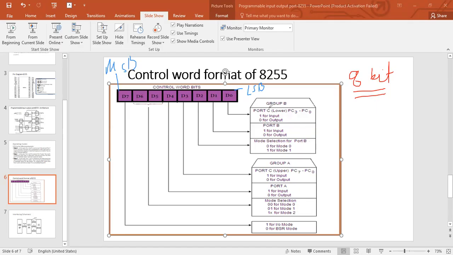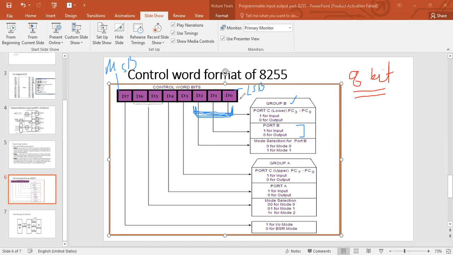One is group A, another one is group B. The 3 bits D0, D1 and D2 are used to control group B. Group B consists of the lower bits of port C, PC0 to PC3, and all the port lines of port B. And the D2 bit is the mode selection for port B. So what does it mean?